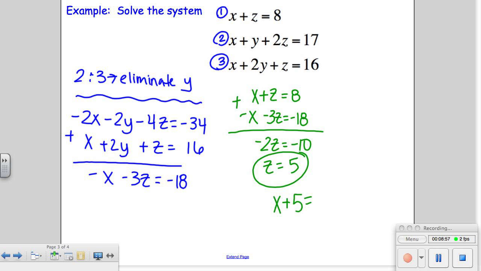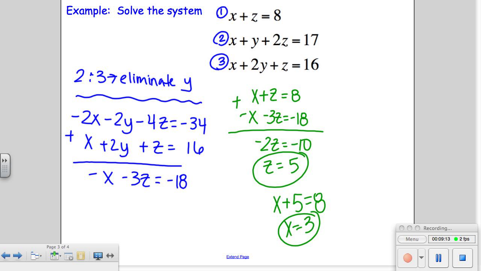Now that I found z, I can plug back in to find x. So x plus 5 equals 8. I'm going to use the first equation. So x is going to be 3. And now that I have x, I can go back all the way to either equation 2 or 3 from the start, and I can find y.